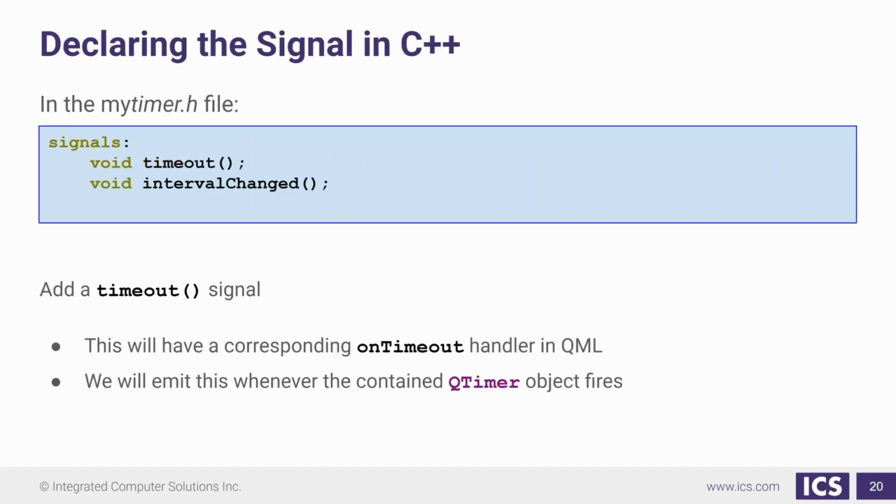Now, another thing that we can do with C++ classes is we can add signals. And if we do this, QML is automatically going to provide us an on-signal-name handler, just like it would if we created this signal in QML itself. So here I'm creating a signal called timeout for our MyTimer object. On the QML side, it will have an onTimeout handler.